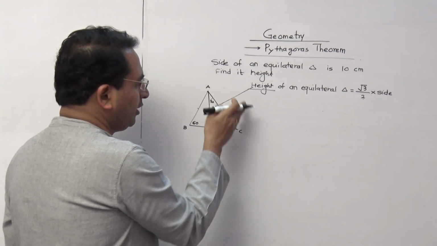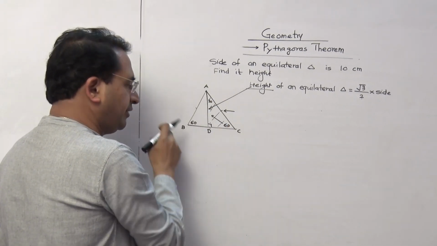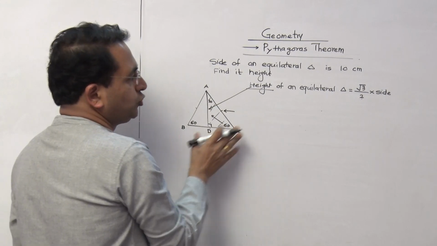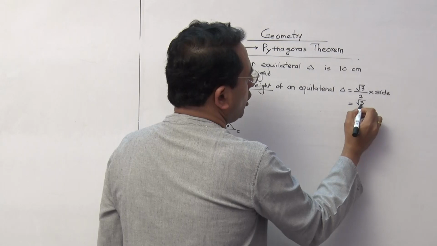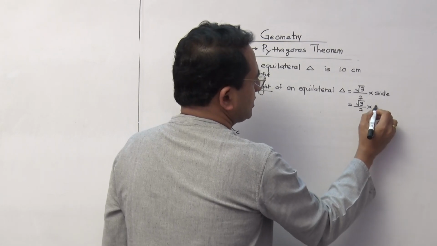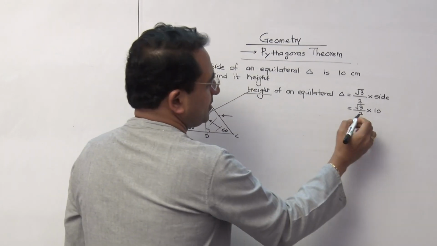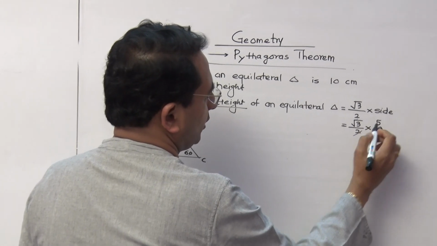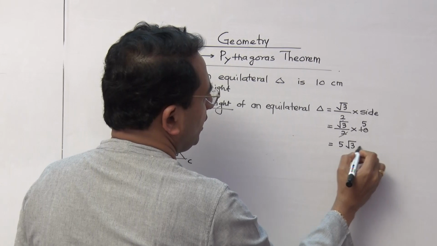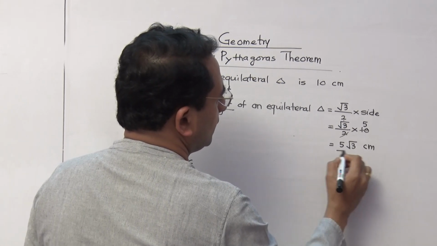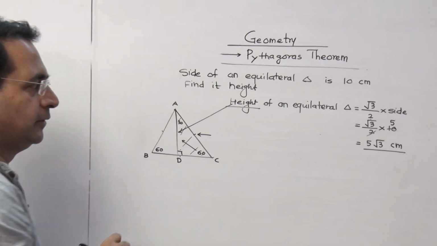Therefore instead of doing all these time consuming things, you should write the direct formula. It is √3 upon 2 times the side. Side is 10. Now there are basic cancellations, whatever is possible. So your answer is going to be 5√3 centimeter. This is the height.